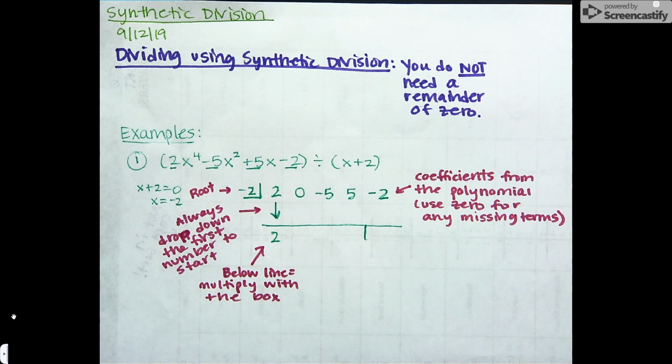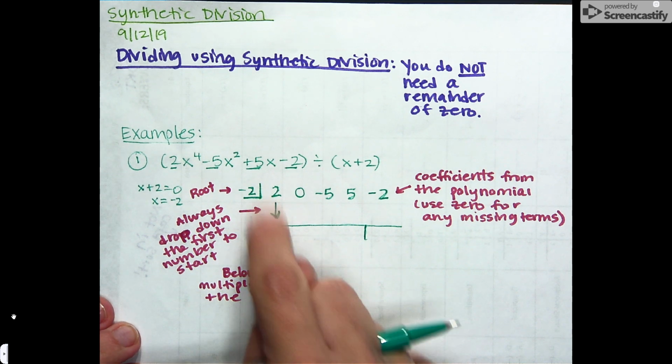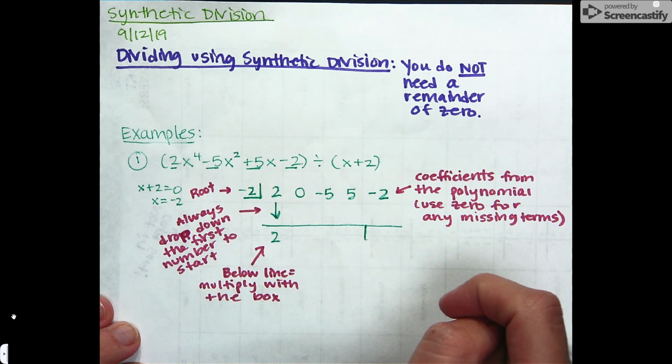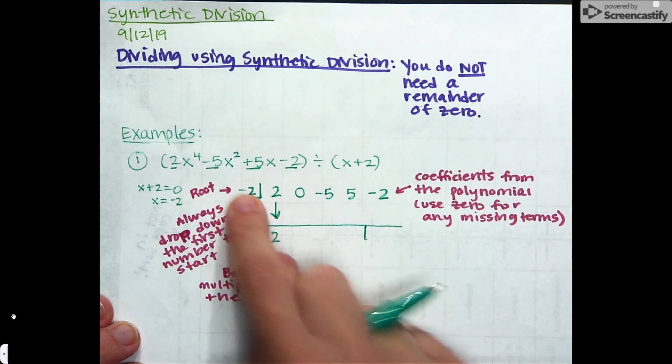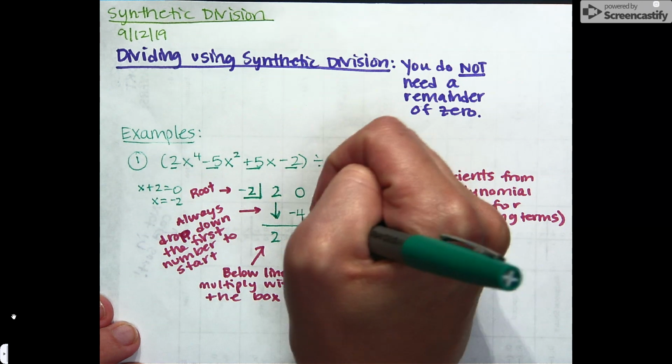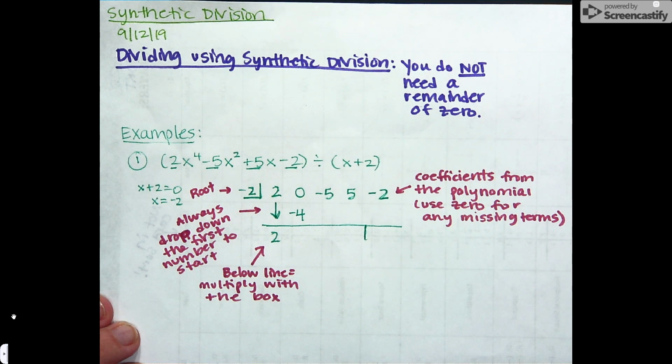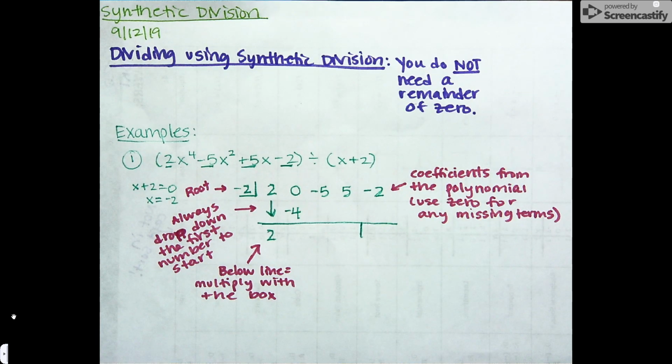So if you're below the line, which that 2 is now below the line, I'm going to multiply with the box number -2. So 2 times -2 is -4. And notice how I put the -4 in the next opening of the line. So right below 0, I put the -4.